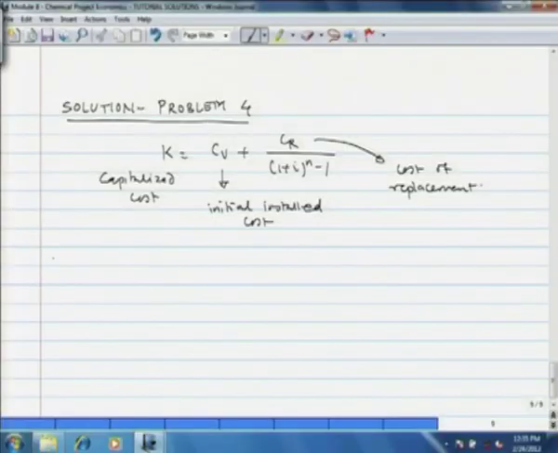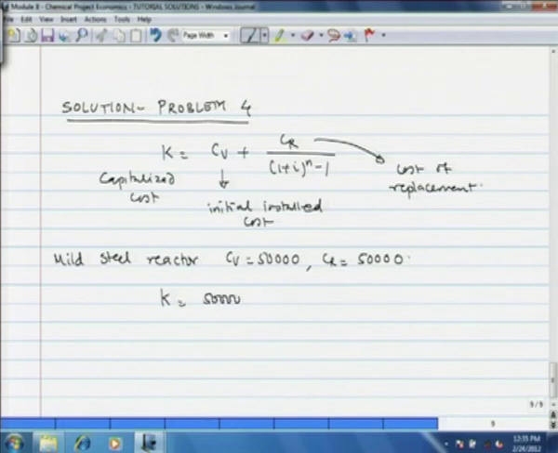Now, we put in numbers for the mild steel reactor. For mild steel reactor, CV is 50,000, CR is also 50,000, and then K, the capitalized cost, becomes $50,000 plus 50,000 divided by 1.08 raised to 3, where 3 years is the useful life, minus 1.